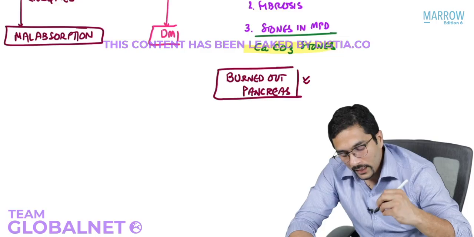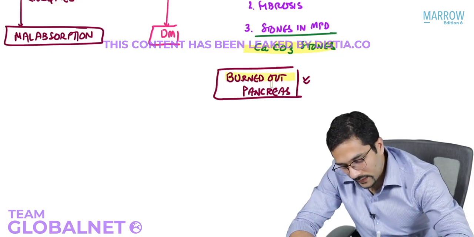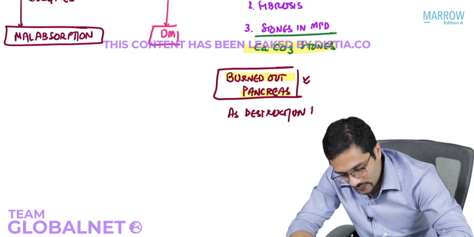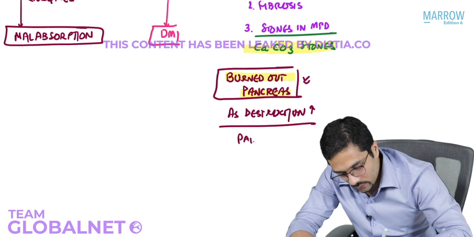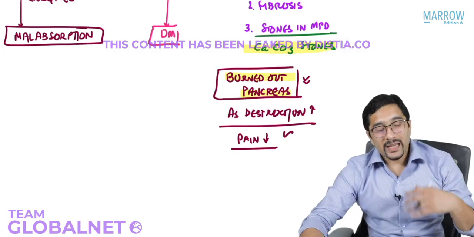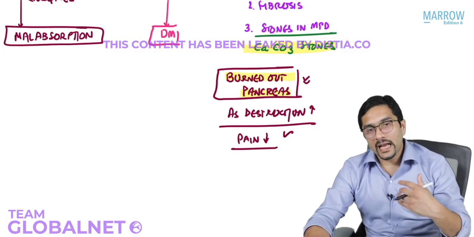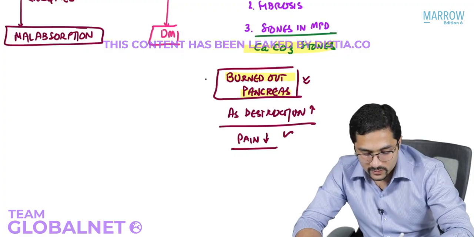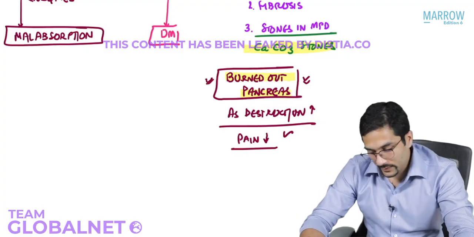But in this phenomenon of burned out pancreas, as the destruction increases, the pain in patients with chronic pancreatitis usually reduces. Pain is more in the initial phases, but as more and more acini die off, the pain reduces. This is known as the concept of burned out pancreas.